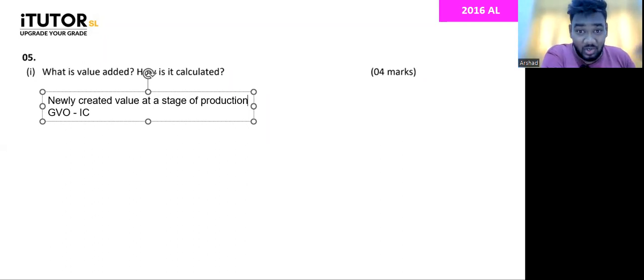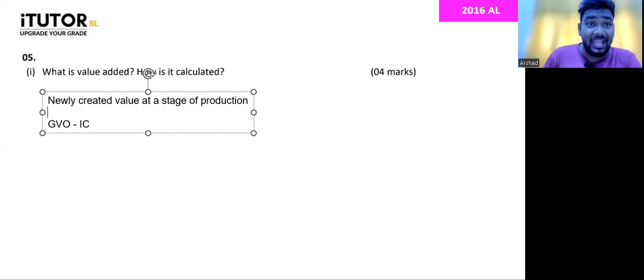In your own words, you need to write what I explained. I'm hoping you have a past paper book to check the answers, because what I type here is just small basic points. And then how do you calculate it? When they ask how it is calculated, don't just say GVO minus IC. You need to say what GVO is, what IC is.